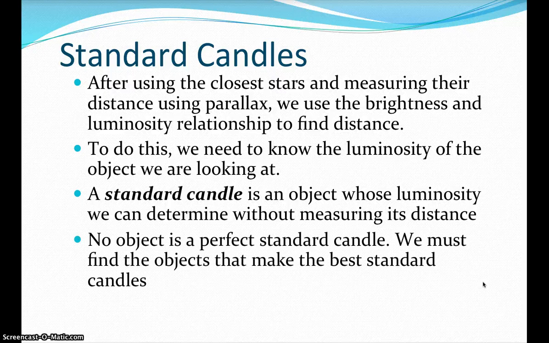What we're going to find is that in different situations, basically for different distances, we have different standard candles that we use. And so we have to always think about, in a situation, depending on what we want to find the distance to, what would be a good standard candle.